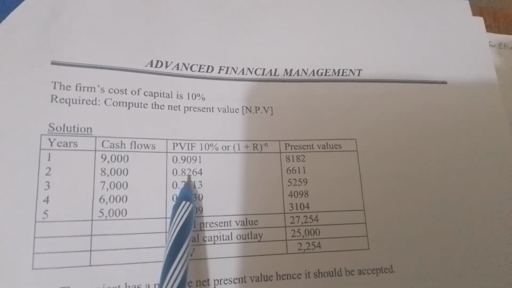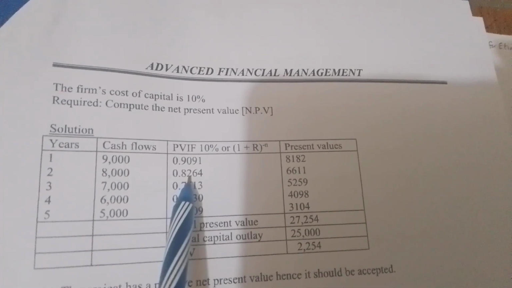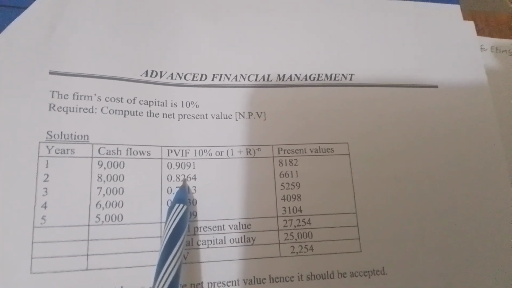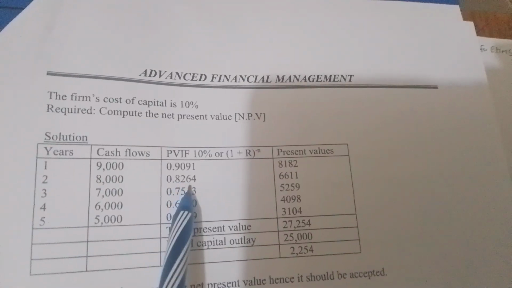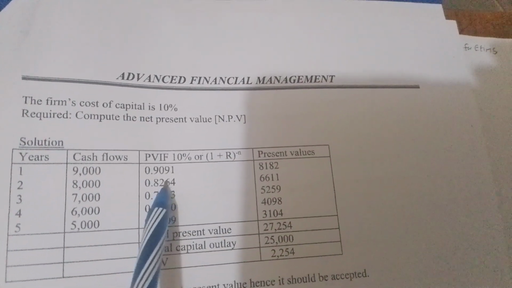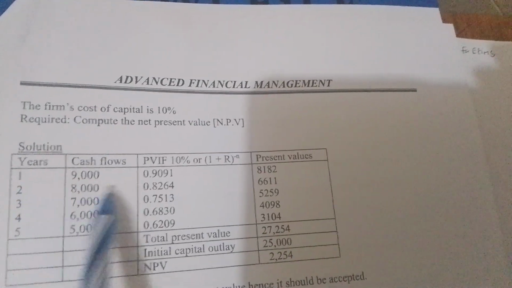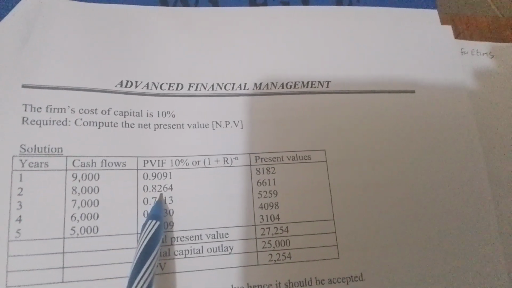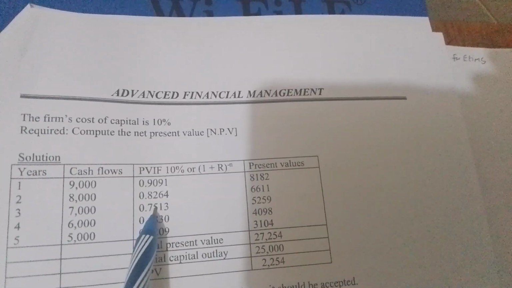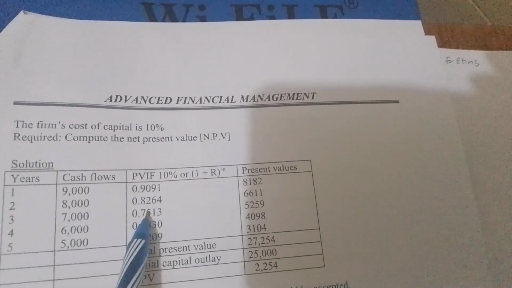Then you go to the second year. 1 plus 0.1 raised to negative 2, because we're in the second year. You get 0.8264. The third year, you say 1 plus 0.1 raised to negative 3.